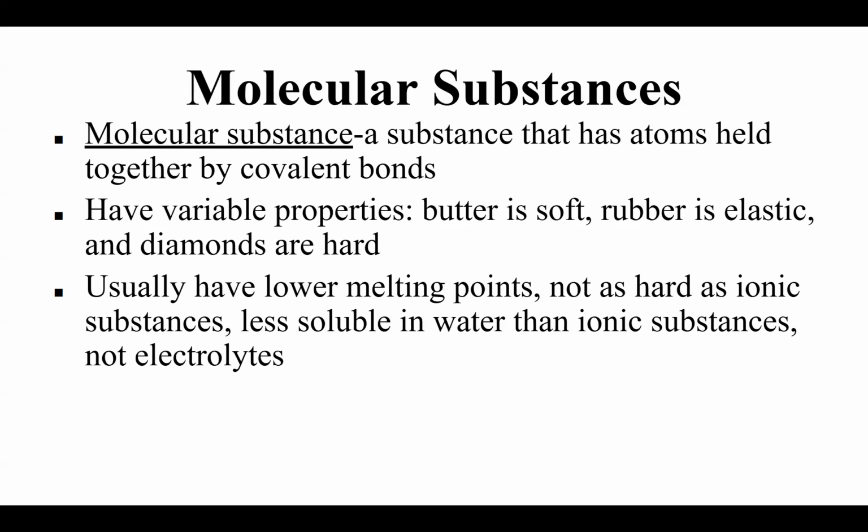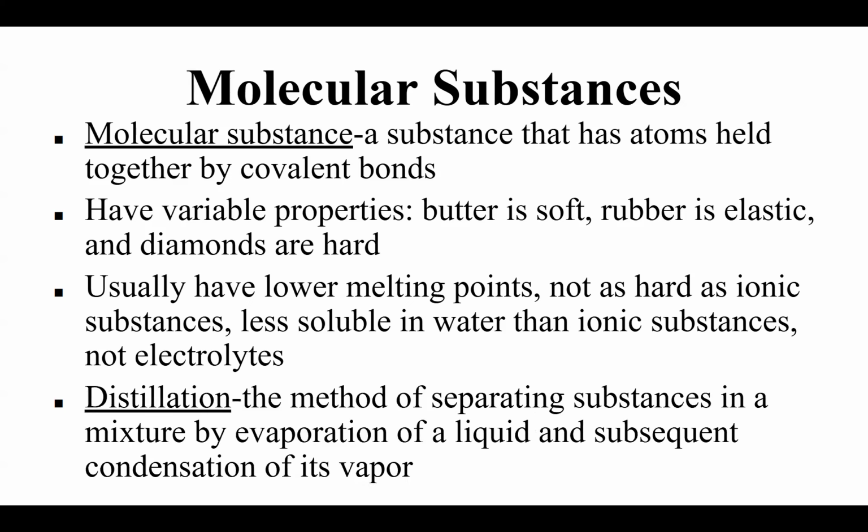Now, usually, molecular substances have lower melting points. They're not as hard as ionic substances, and they're less soluble in water than ionic substances because they're not electrolytes. We can separate substances in a mixture by evaporation of a liquid and the subsequent condensation of its vapor.